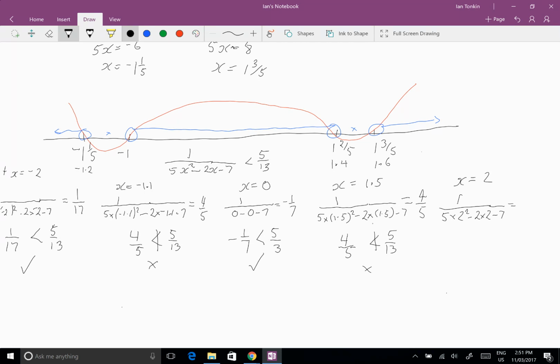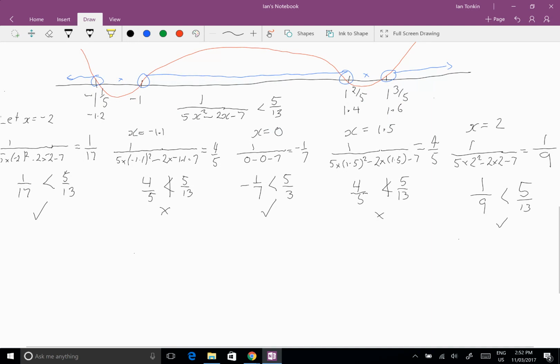And I get 1 on 9. And 1 on 9 is less than 5 on 13. So we want that area. So we were correct. Our understanding showed that we were correct. And we're going to write up what we need.